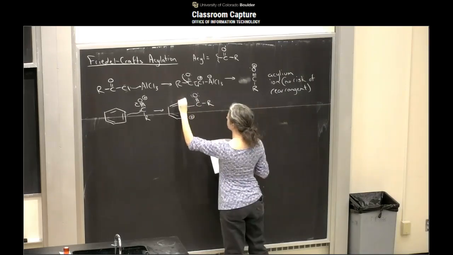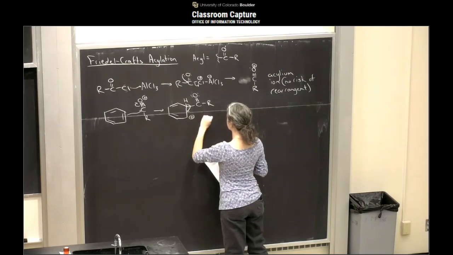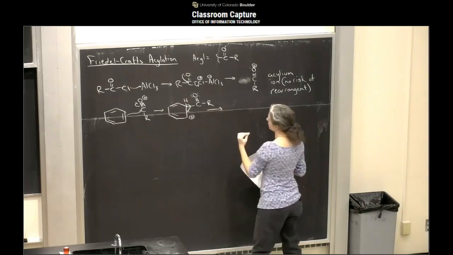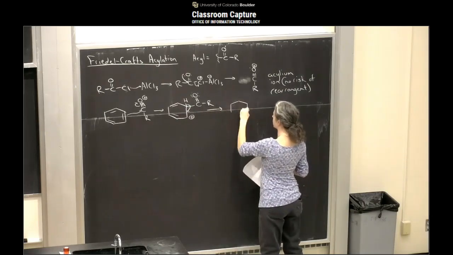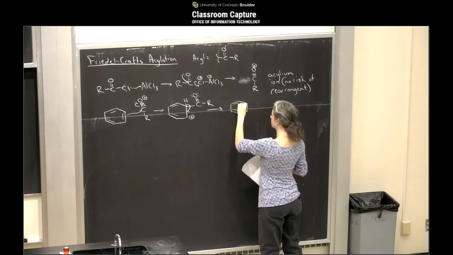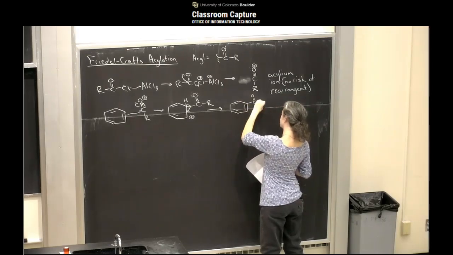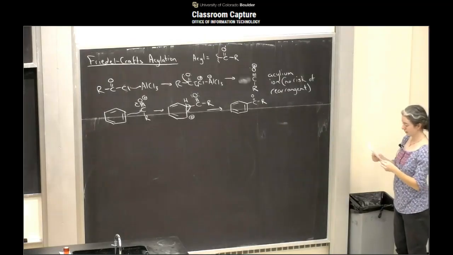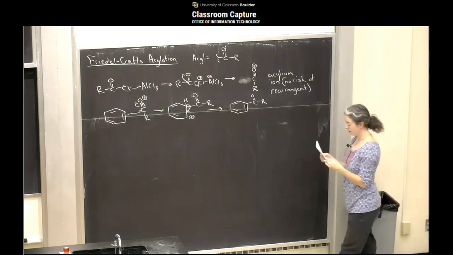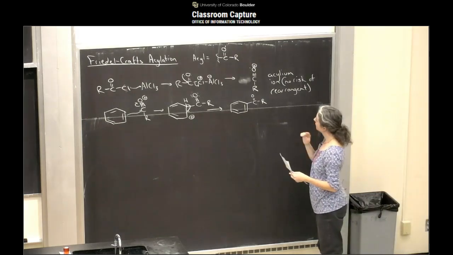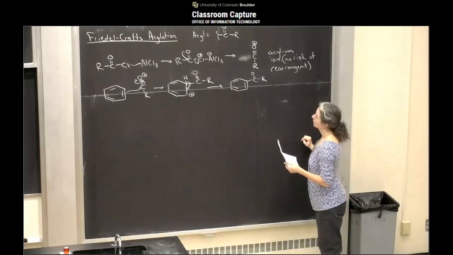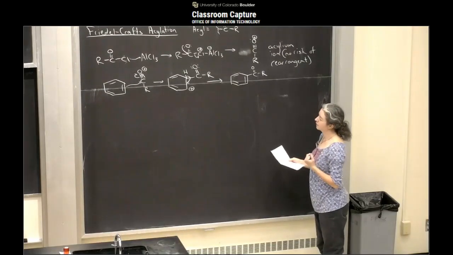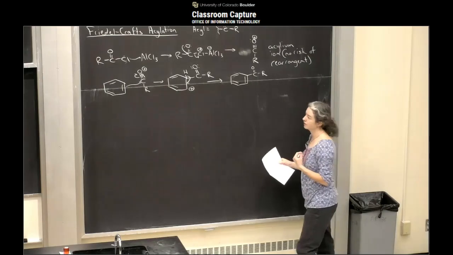And then, like always, to reform the aromatic ring, we just got to get a proton off of the carbon that we added something to. Okay, so that gets us an acyl group onto the ring like that. Okay, so this, as it turns out, is a little bit more useful for doing long alkyl chains with no branching.